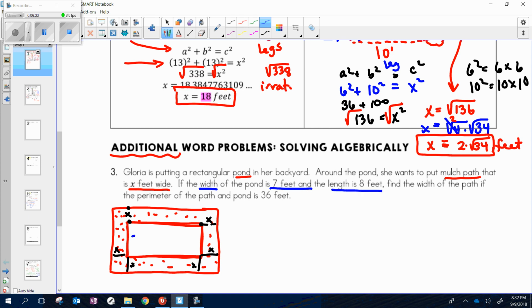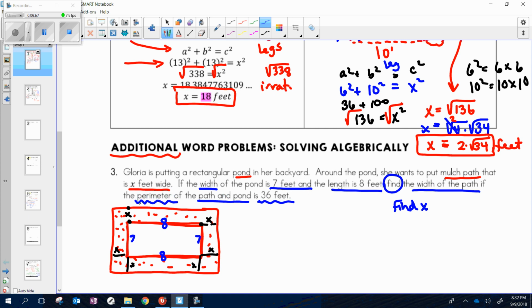So I'll say this is 7, this is 7, this is 8, this is 8. Find the width of the pathway. I called that X. So basically I have to find X if the perimeter of the path and pond is 36.